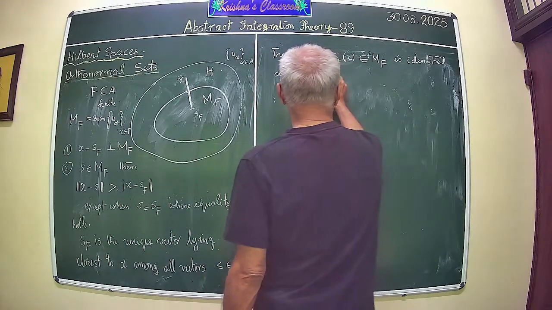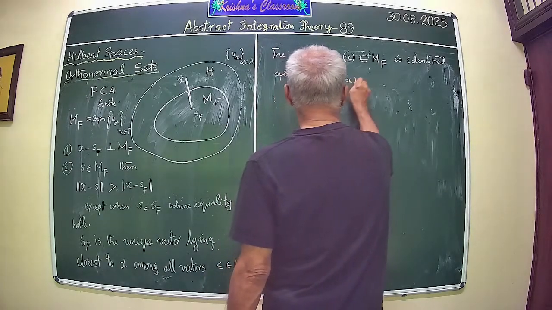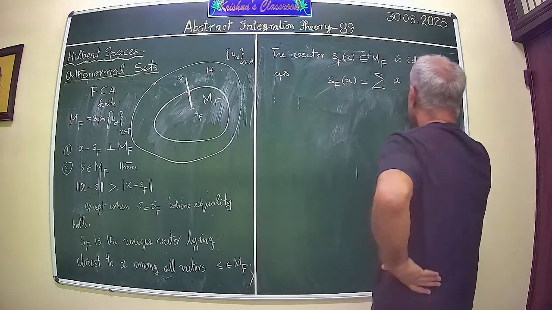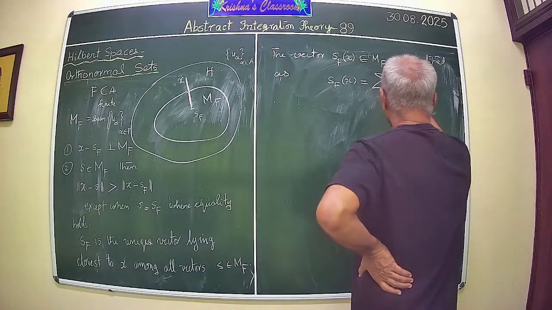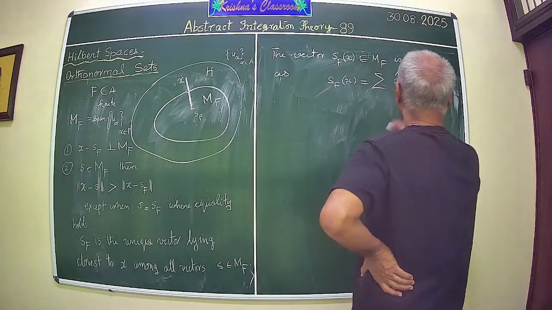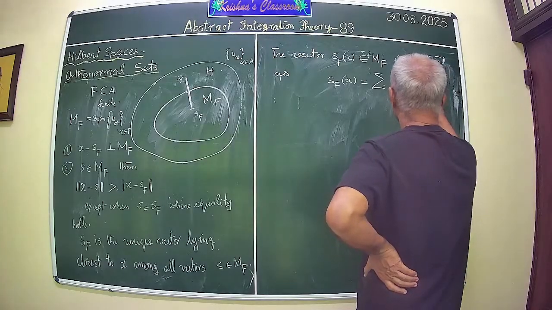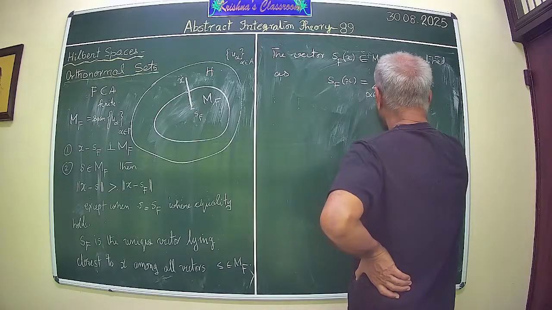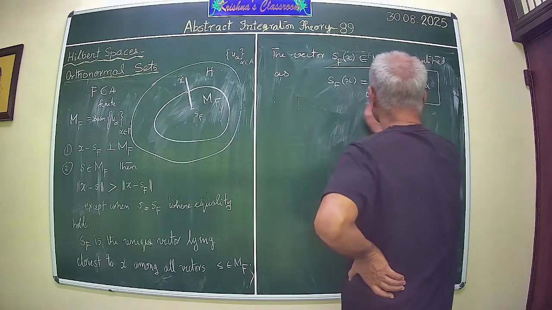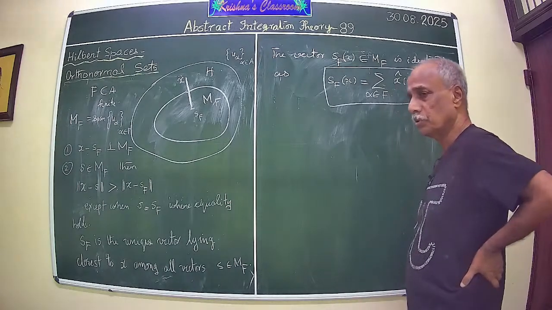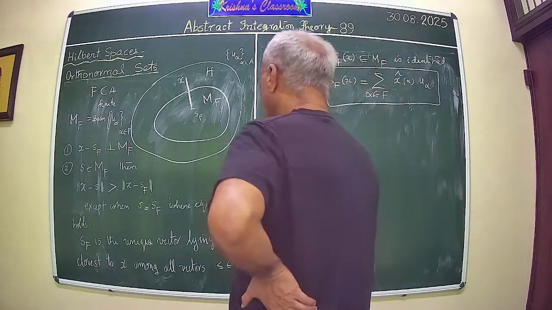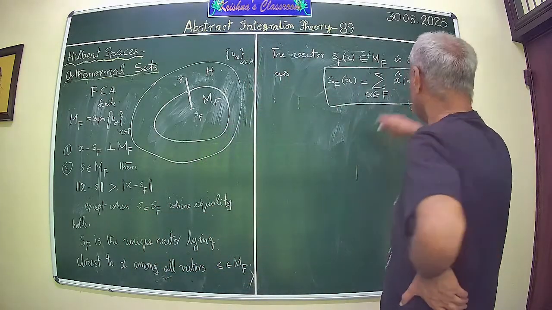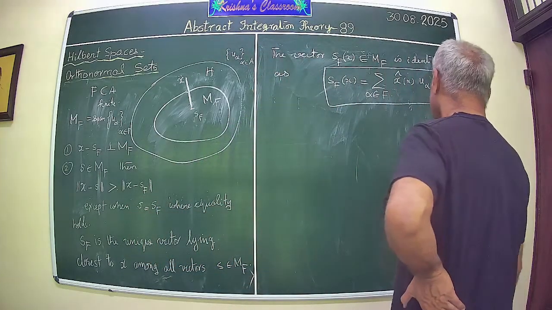What is it? You take the Fourier coefficients of X and alpha belonging to F. So there exists a unique vector denoted by SF of x which lies closest to X, and it is given as a linear combination of the orthonormal set of vectors U alpha.